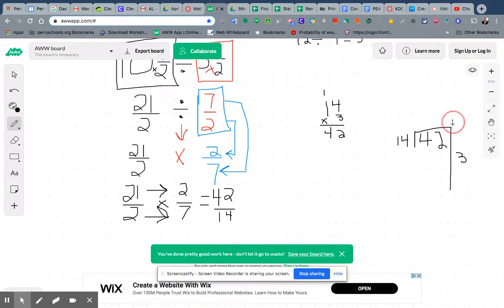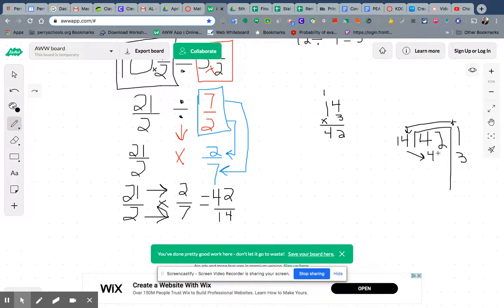I'm going to multiply this way, come this way, and down. And we put it right here. 42. Whoops. Oh my gosh, that's terrible. Let me do that again. My pen skills need a lot of work.